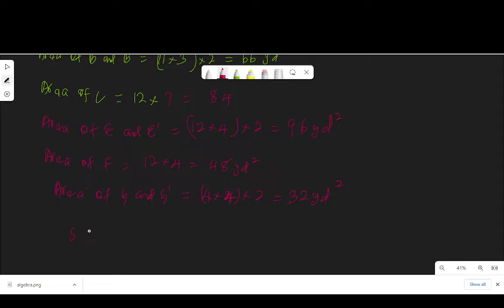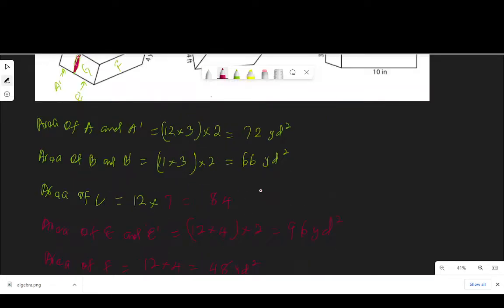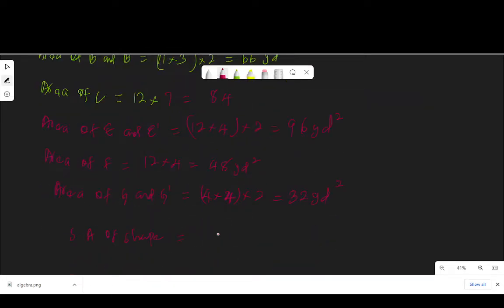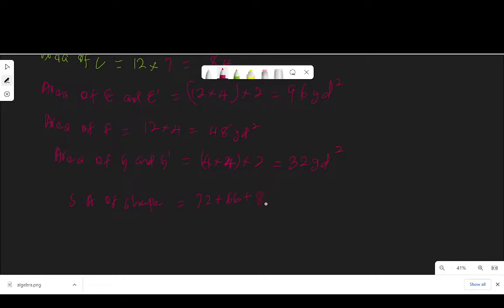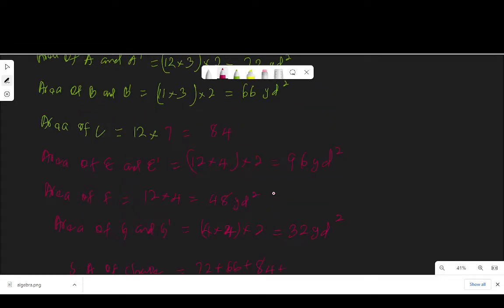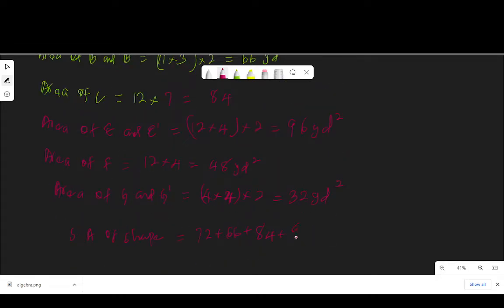Therefore, surface area of the shape will be 72 plus 66 plus 84 plus 96 plus 48 plus 32.